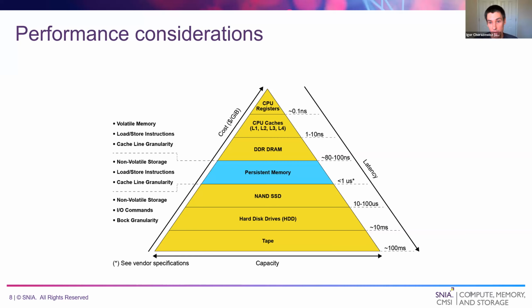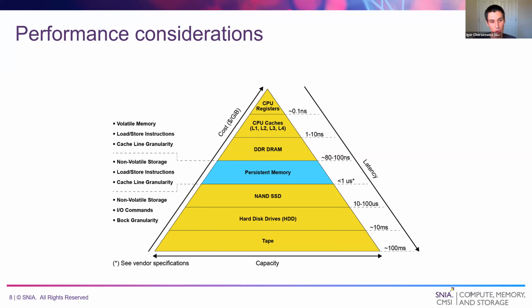It has aspects that are like memory and some aspects that are like storage, but it doesn't typically replace either memory or storage. Like I said, it's usually used in conjunction with them. As you see on the slide here, the latency and the performance usually fits right in the middle between those two tiers. And it's quite similar to CXL.